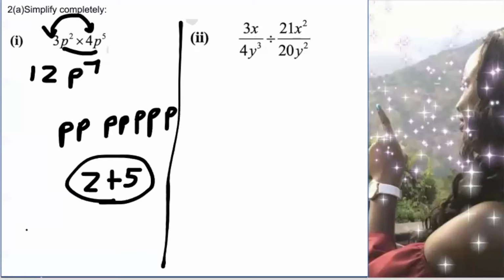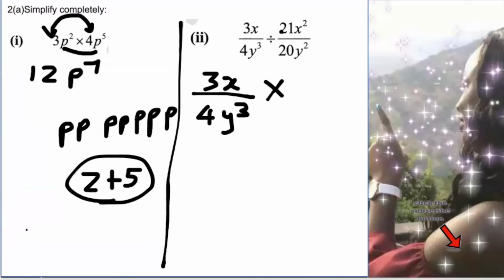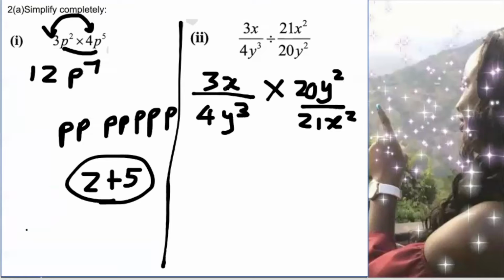Let's get started. So here we're going to rewrite this first fraction as is, but change division to multiplication. Then I reciprocate the fraction that I have here. So I have 20y squared over 21x squared. So we flipped it. Now, what we're going to do next, we are going to multiply across.